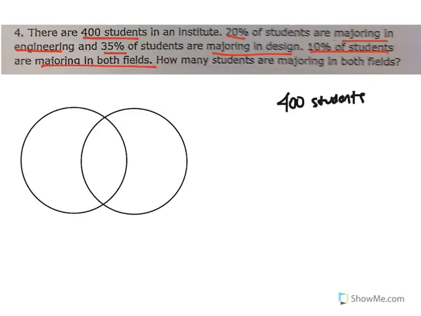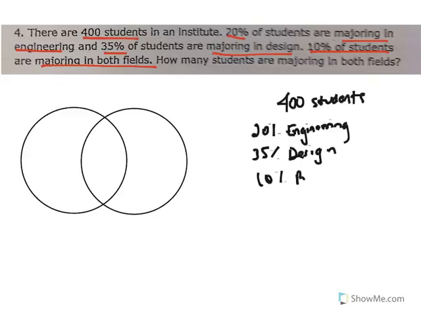So I make my list. I have 20% majoring in engineering. Oh wait, no, I have 35% majoring in design. And 10% in both.